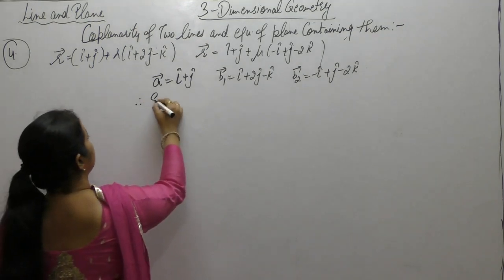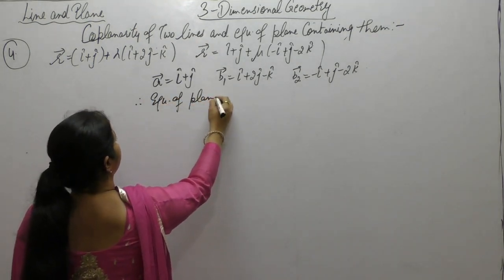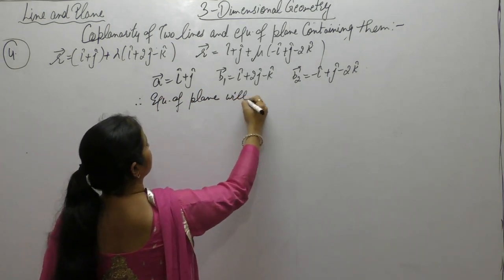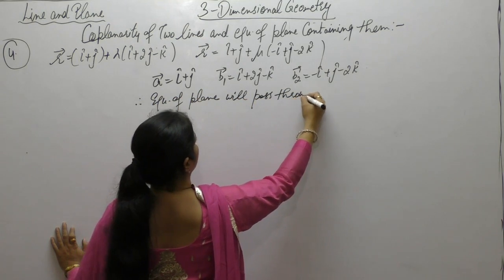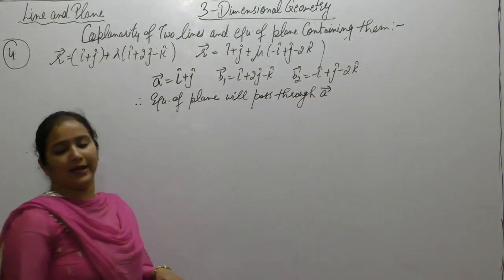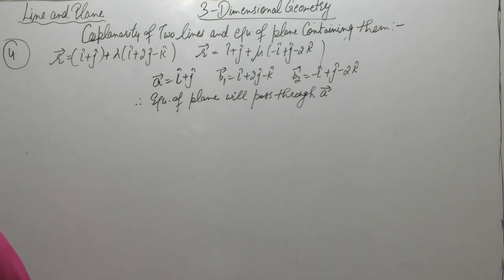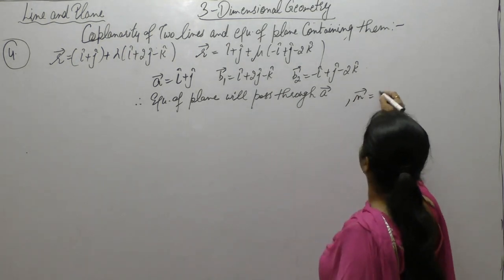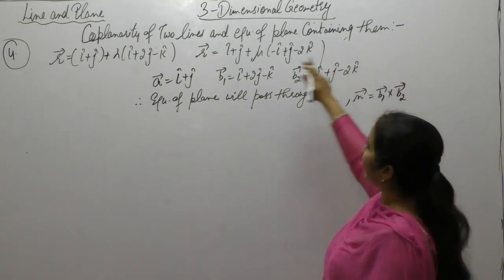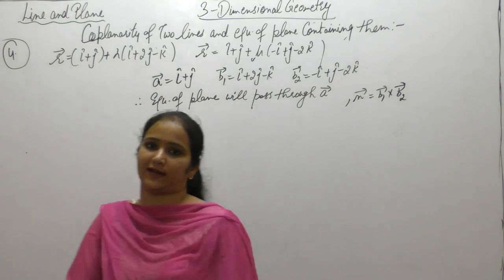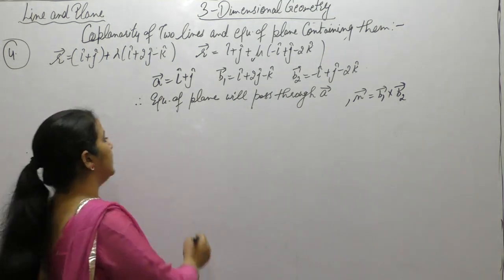Therefore, the equation of the plane containing them will pass through a vector, and since the plane contains the lines, therefore the normal of the plane will be b1 cross b2, because these two lines are parallel to these vectors. Therefore, the plane will be perpendicular to b1 cross b2.